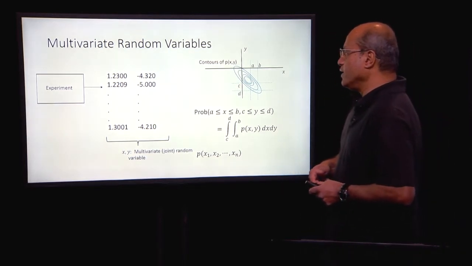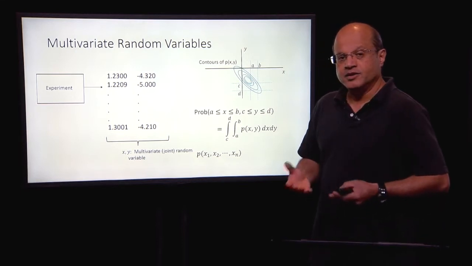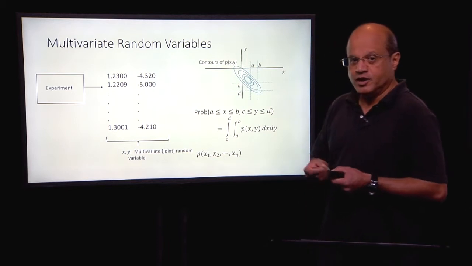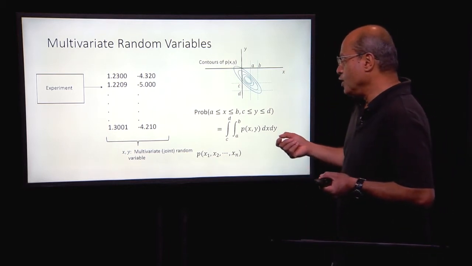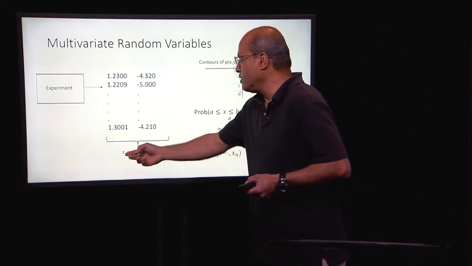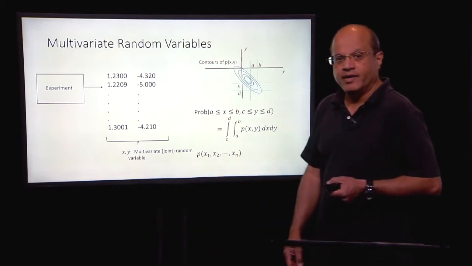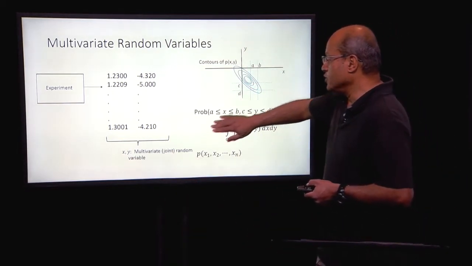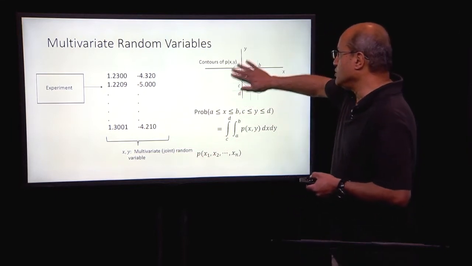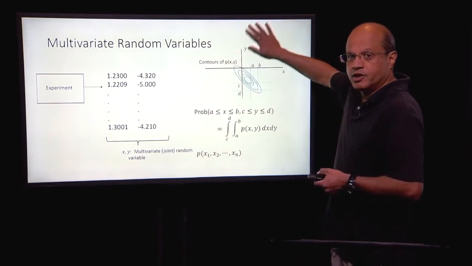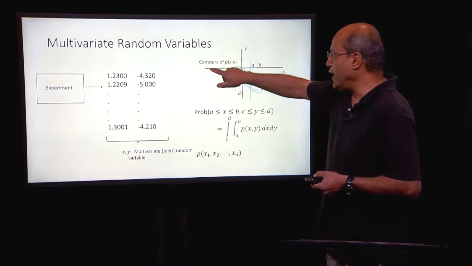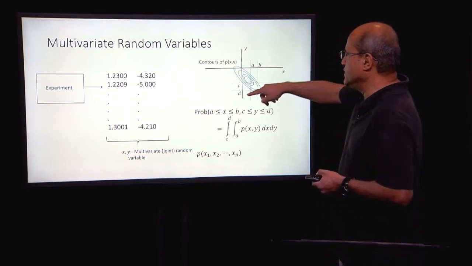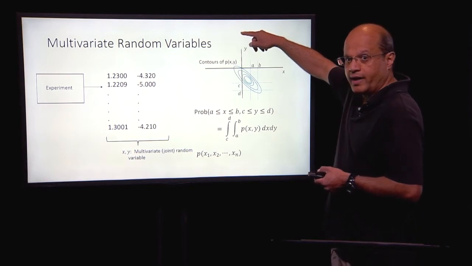And we can then try to define a probability density function for a joint random variable the same way we did for a single random variable, which is first we think of all possible values x comma y can take. And because they are a pair of numbers, all possible values they can take, we can imagine to be the two-dimensional plane in which the value of x I can plot as a point on the x-axis, the value of y as a point on the y-axis.